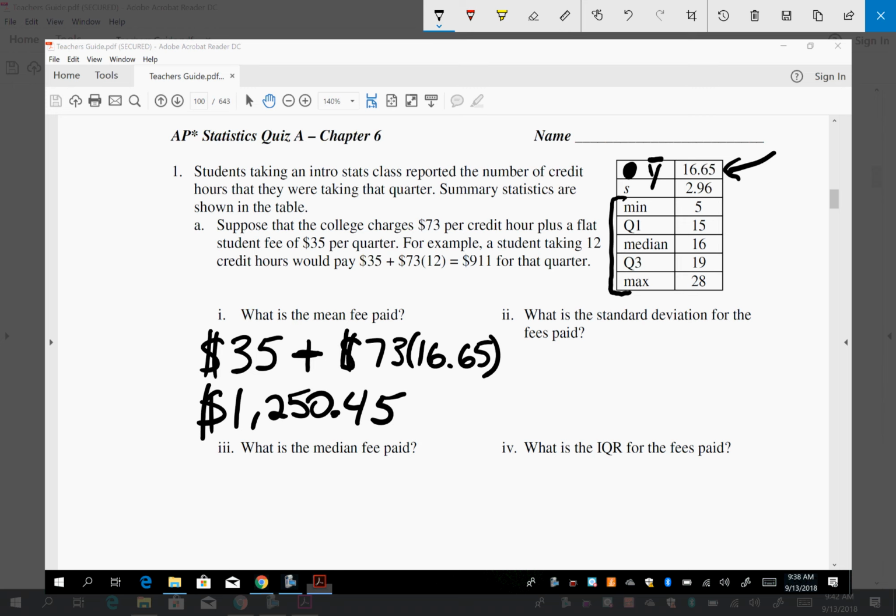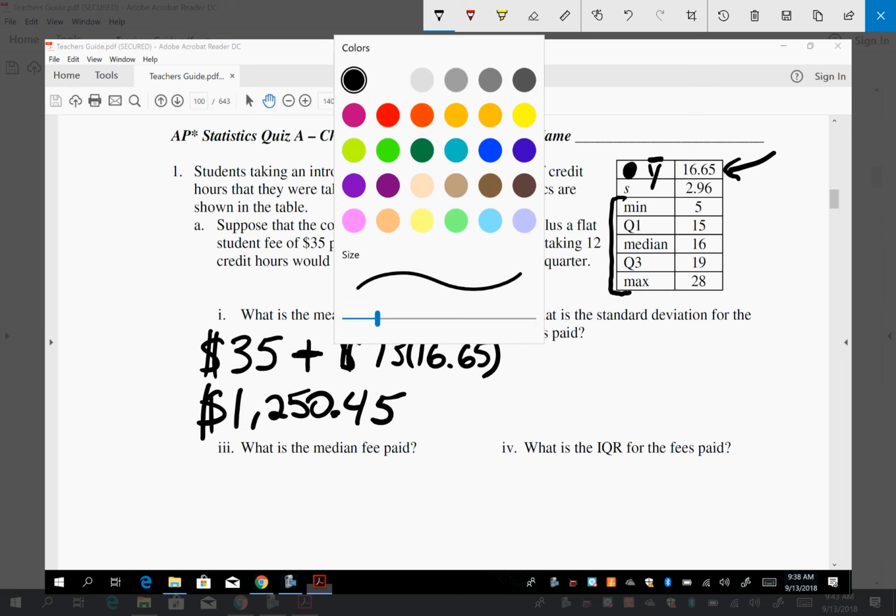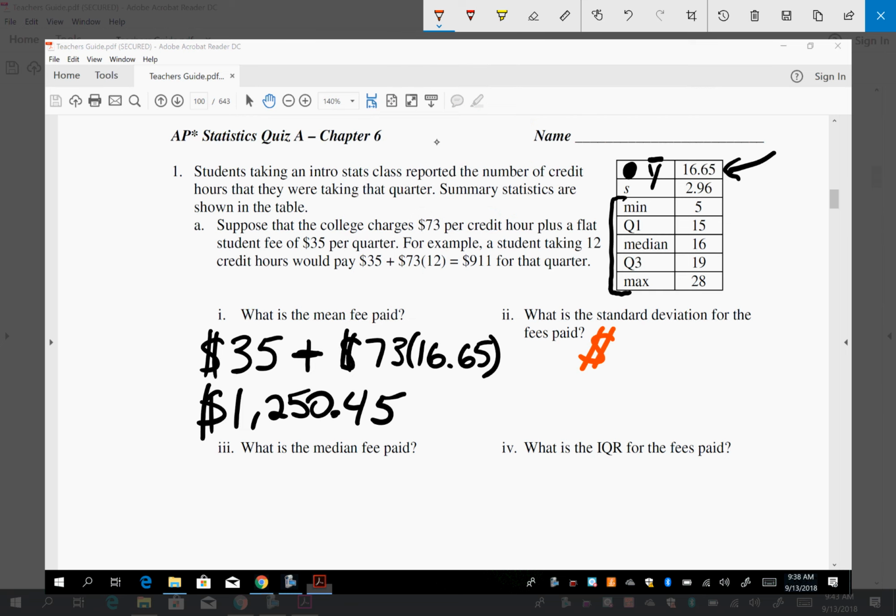Remember from Tuesday, standard deviation is a measure of spread. It is not affected by adding or subtracting. So do you see this plus 35? Is it affected by that? No, it's only affected by the multiplying of 73. So the answer to part 2 is going to be 73 times 2.96.